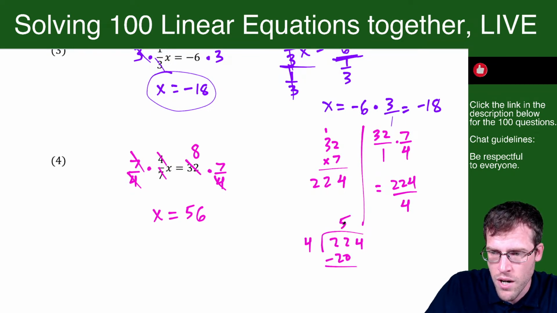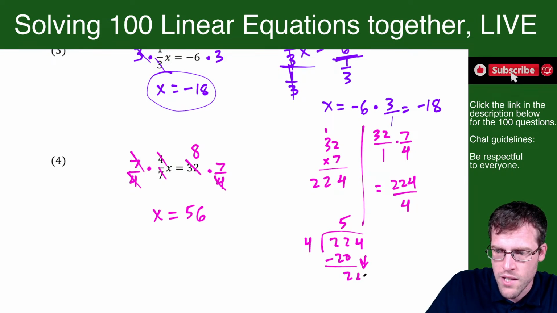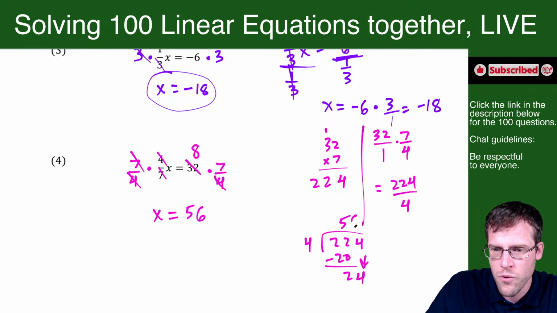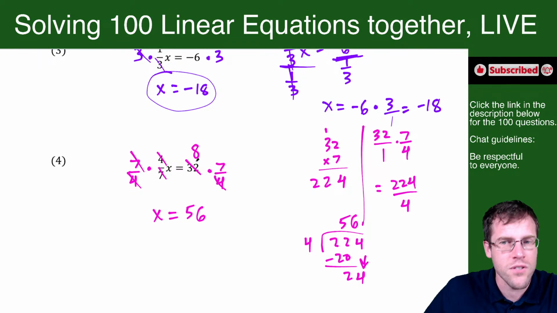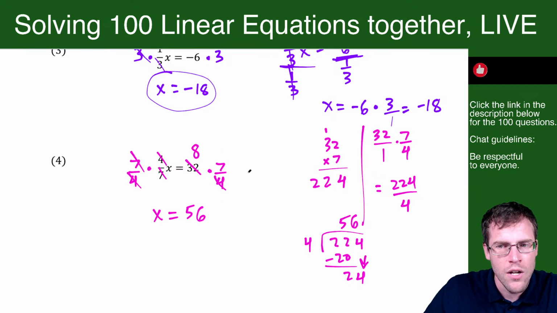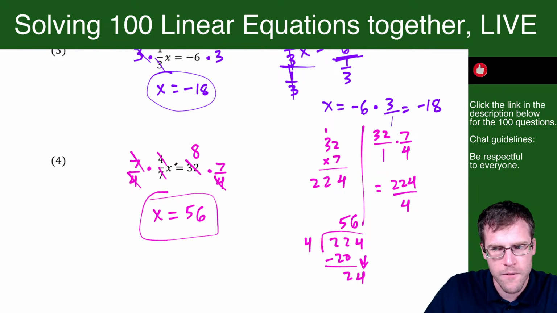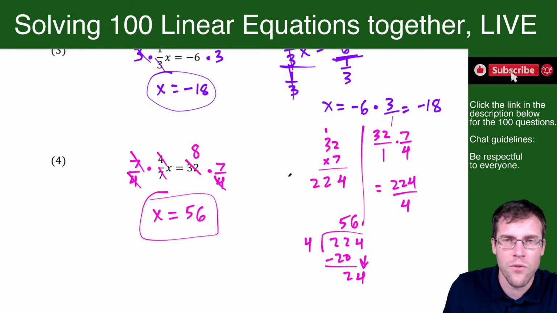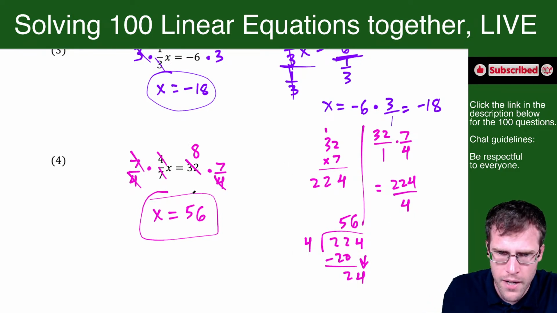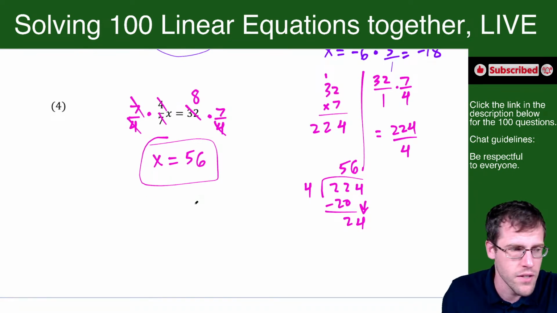You subtract the product, 20, carry this down, you get a 4. And then 4 goes into 24 6 times. So I personally like to cross cancel when I'm multiplying a whole number by a fraction. So 32 divided by 4 is 8, and then 8 times 7 is 56. This, I think, is the way nicer way of getting there. Okay, but you can do the long stuff over here, but make life easier for yourself.